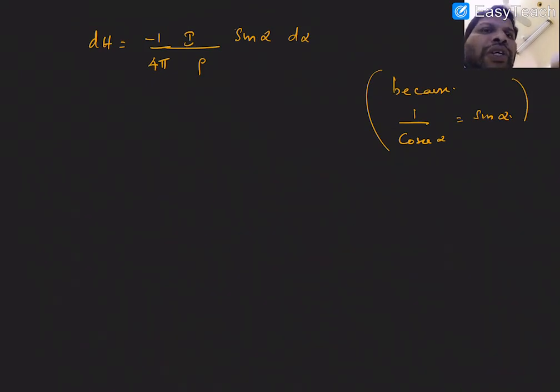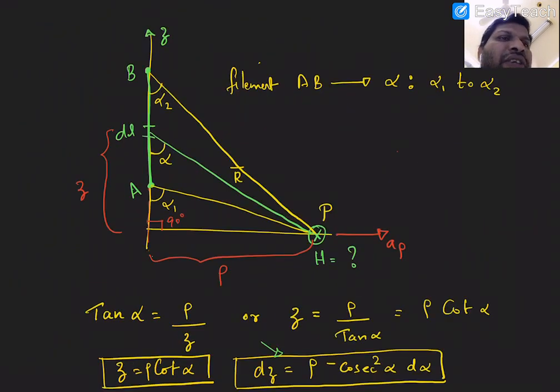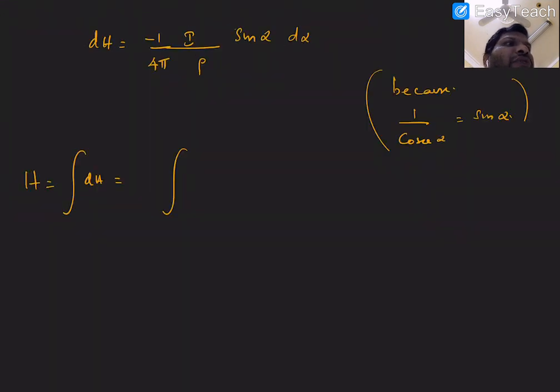So I can find H is equal to the integral of dH, and you know that in this case alpha is changing from alpha 1 to alpha 2, because the length is changing from A to B, so the angle is changing from alpha 1 to alpha 2.